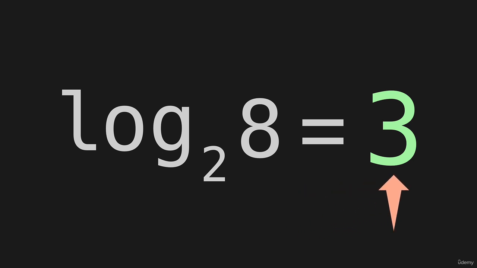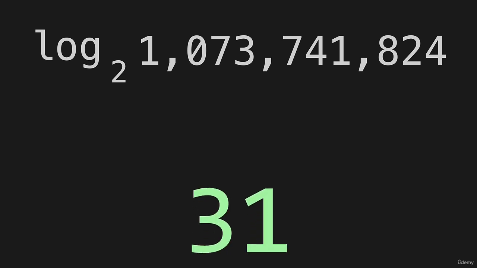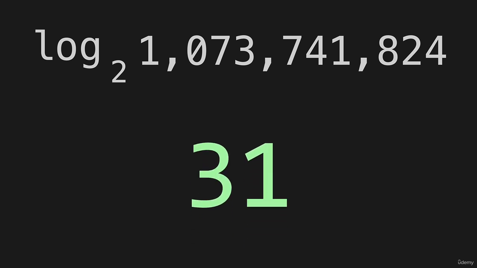But the real power of this is when we have very large numbers. Let's say we have log sub 2 of this number. This is over 1 billion. How many times do you have to cut this number in half to get down to one item? And that is 31 times.